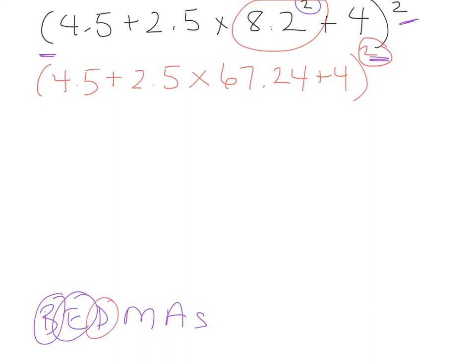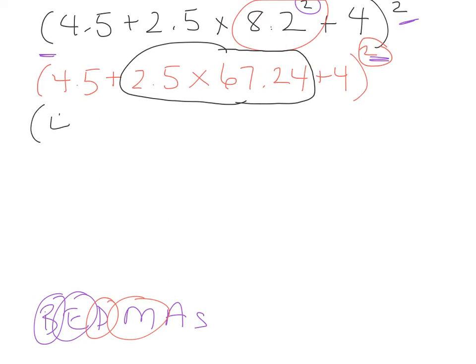So next would be division. There isn't any division. Next would be multiplication. So we are going to do the multiplication here. The multiplication is this step here, 2.5 times 67.24. So that's what we're going to do.